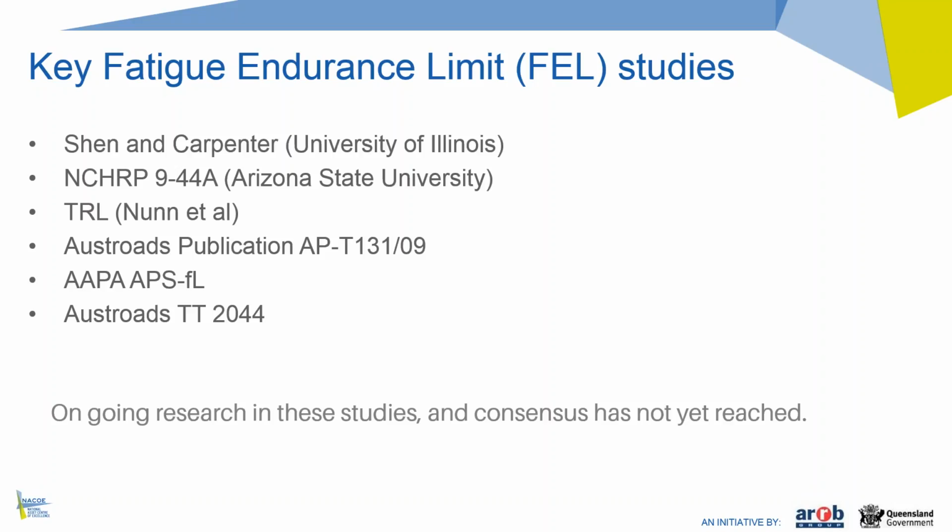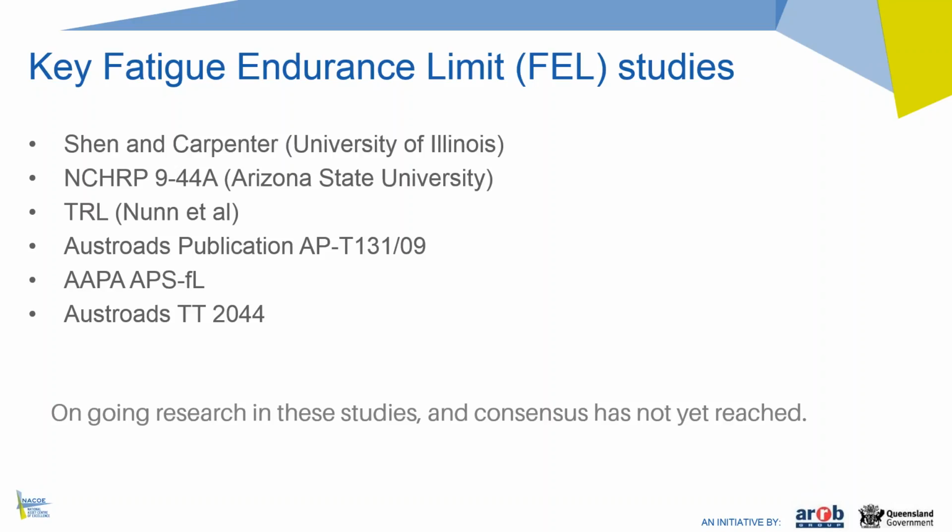And lastly, there's an ongoing Austroads project, TT2044, and one of the areas this project looks into is a review of the current APA method, and also what options we can use to implement this fatigue endurance limit into the next Austroads Guide to Pavement Technology.